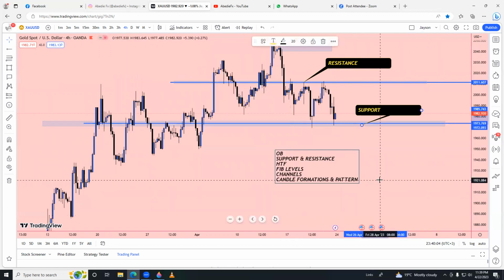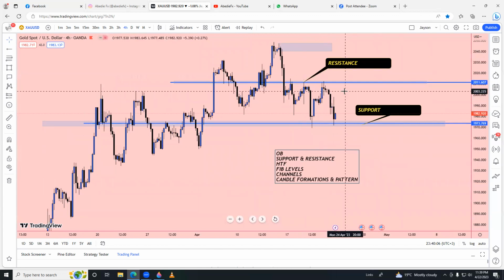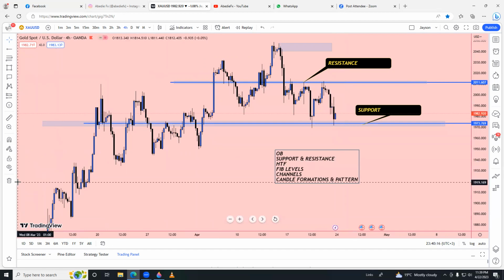Price going down, so we are ranging in this zone. We will need to see more data when the market opens on Monday to understand what is happening. Then we can talk about the higher time frame analysis.